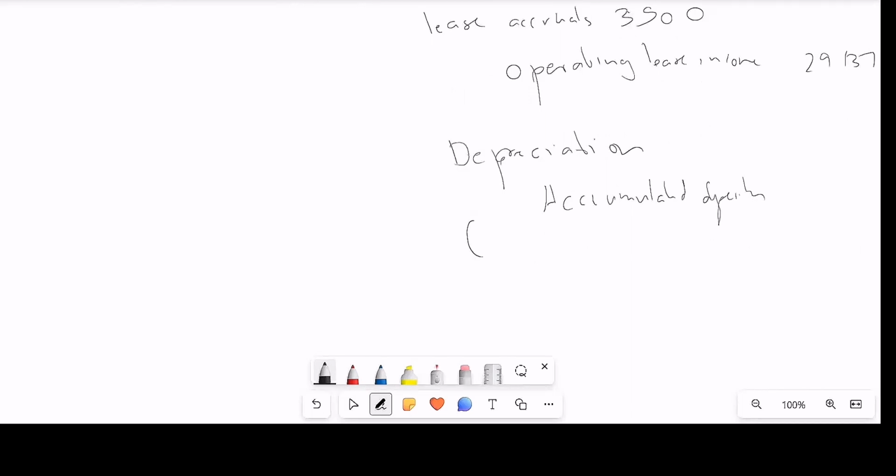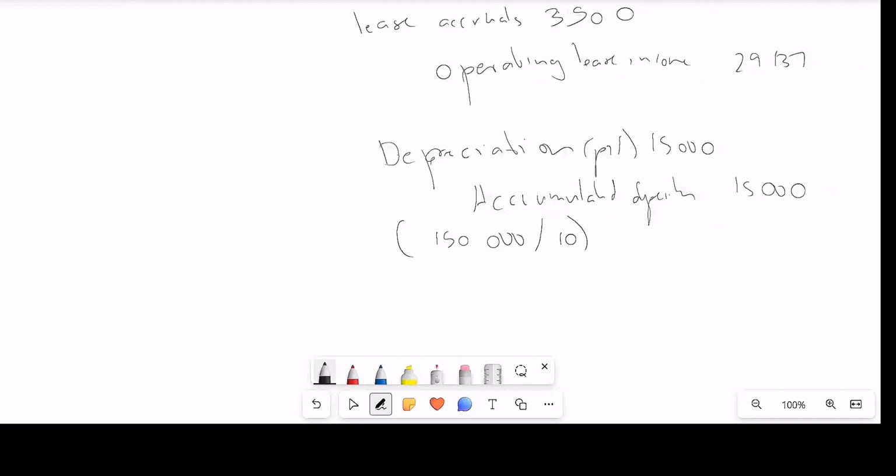Since there wasn't enough information and this is just an example, I'll take that fair value of 150 and divide it maybe by 10, and the depreciation will be 15,000. Remember, this is just an illustration, so you can at least have the blueprint in your head on how to approach the lease question.